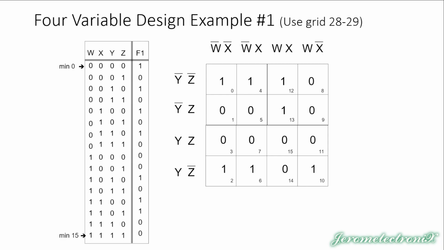Okay, now we need to simplify this thing. It's pretty obvious that we're going to simplify these two ones together. What are they? Well, the Z's cancel out, but we have to keep everything else. So, WX and not Y. Next, let's implicate these two.